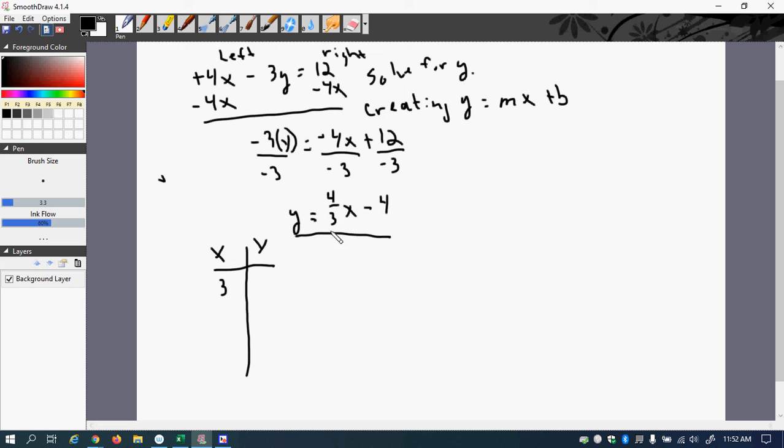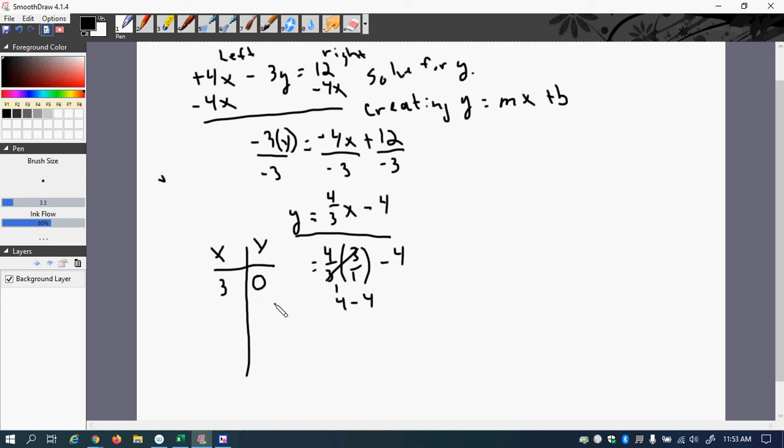I see the denominator is 3, and if I multiply by 3, the denominator turns to 1 and I have a whole number. So 4/3 times 3, which is really 3 over 1, minus 4. The 3 divided by 3 turns into 1, and I get 4 minus 4, which is 0. So now I have a point.